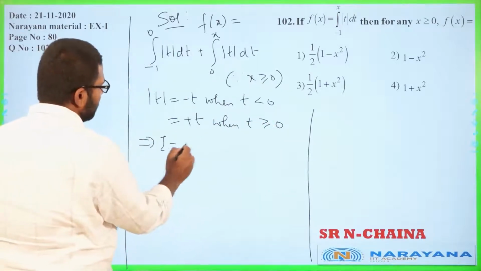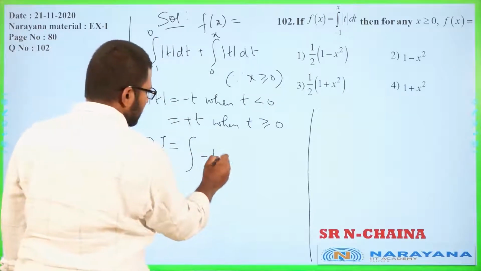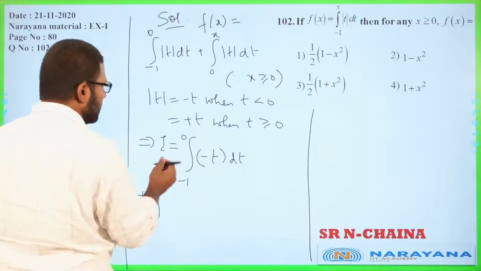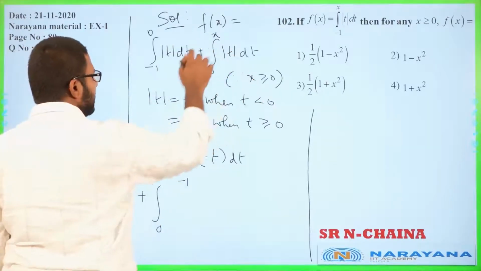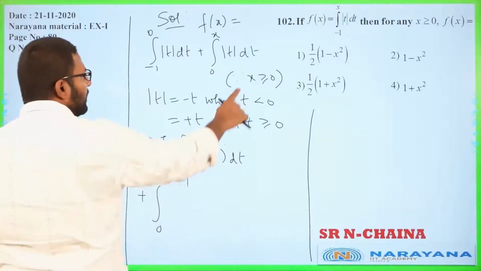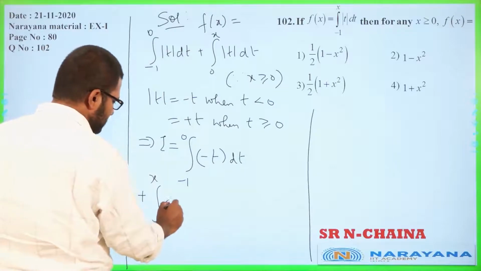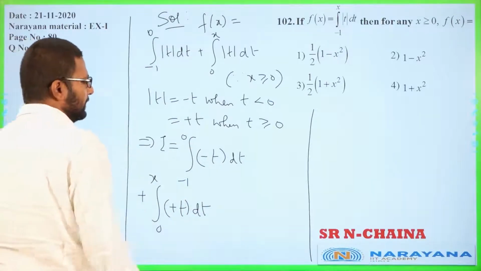So this is the negative interval, right? So the integral of minus t dt from minus 1 to 0, plus the integral from 0 to x, where x is non-negative, it can be 0 also, so greater than or equal to 0. So |t| becomes plus t dt, 0 to x, right?